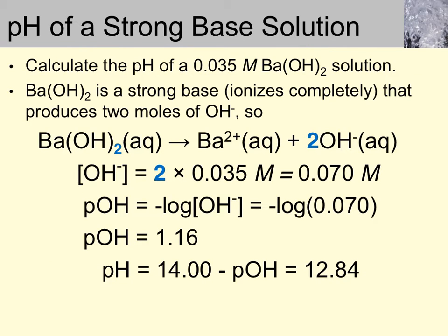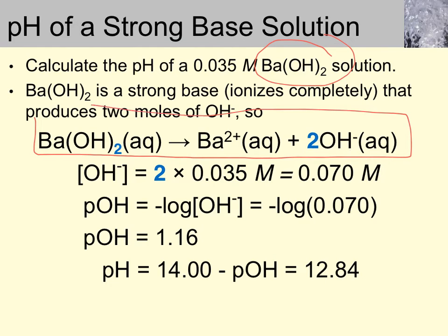Let's look at a typical example calculating pH of a strong base. I specifically picked this one because I want to point out that you need to pay attention to stoichiometry. So look for a minute at the ionization of barium hydroxide, which is one of the strong bases. It's a heavy group 2 metal hydroxide.